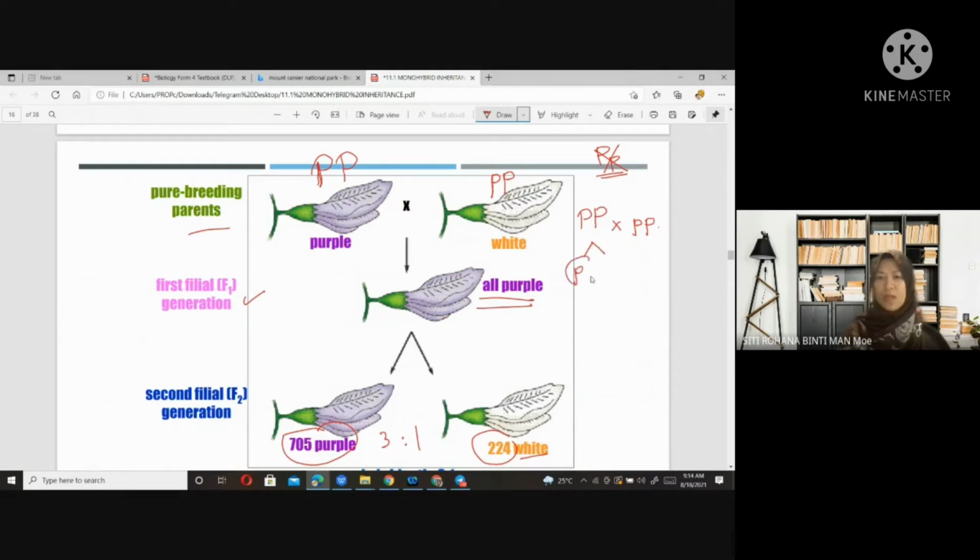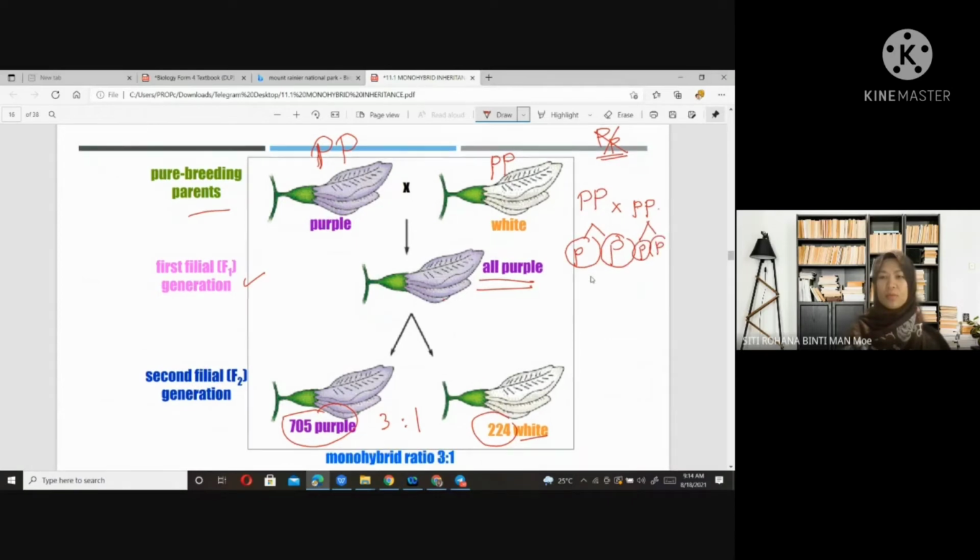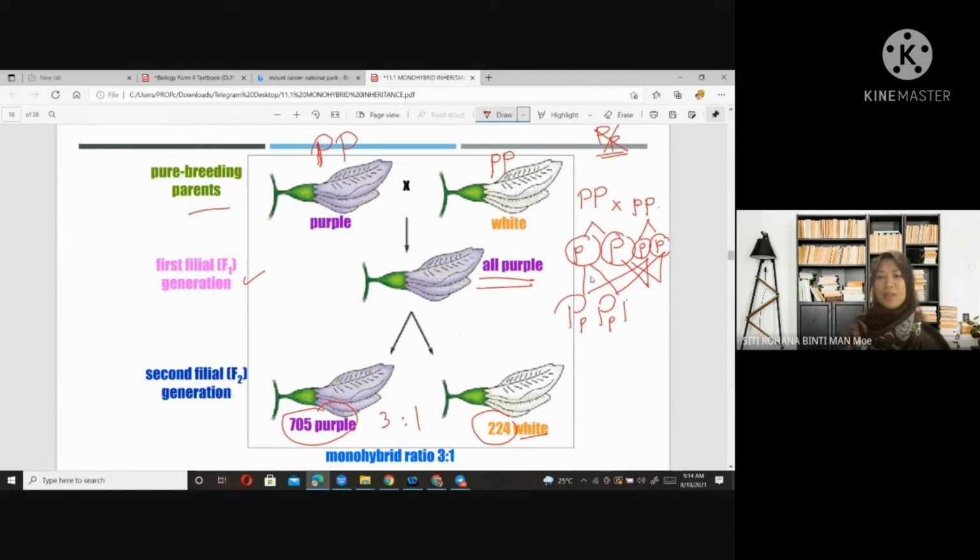Okay, turunkan. You all belajar dah meiosis Form 4. Okay, so gamete. Okay, then cross. Ni pun cross. Tengok dulu, tak apa. Kalau kurang faham pun, saya akan explain detail untuk next class. Okay, P besar, p kecil. Semuanya dapat bunga purple.